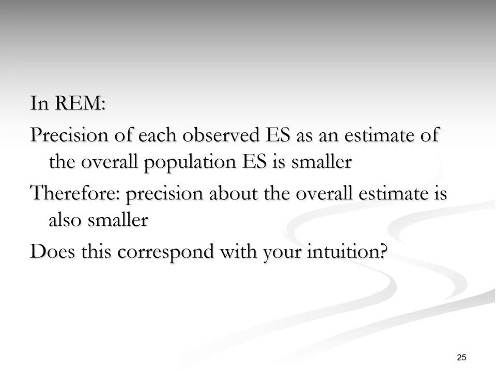And so because now we have an additional uncertainty, because we do not have information about many population effect sizes of studies that could have been performed, our estimate is less precise.